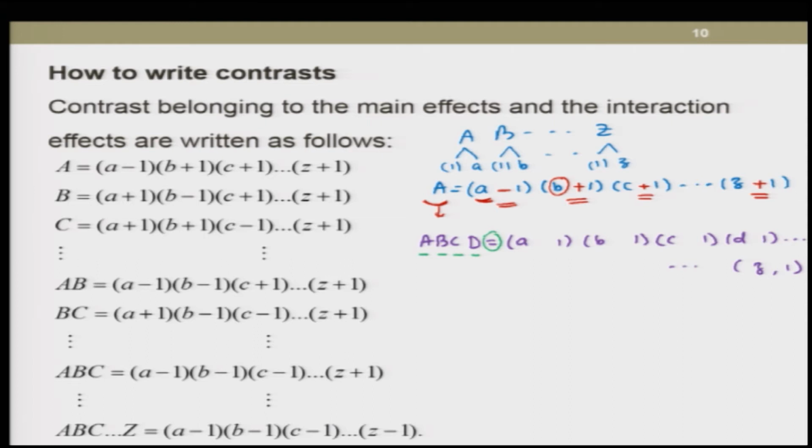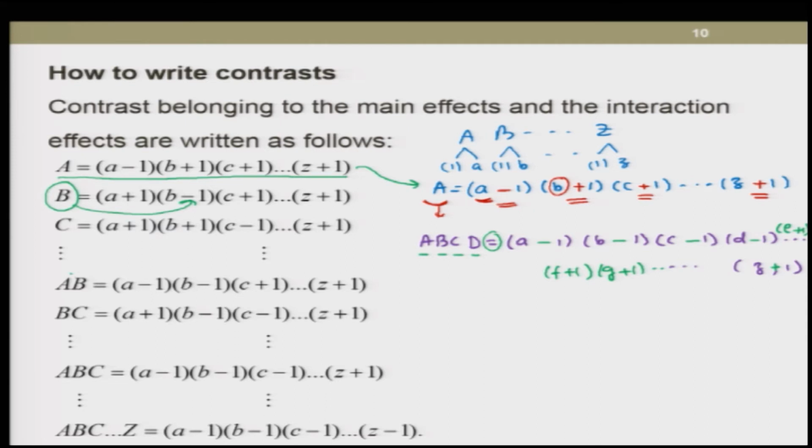So, I have to use minus sign with A, B, C and D, and after that E will be E plus 1, F plus 1, G plus 1 up to Z plus 1, and exactly this is what I have written here. For A, you can compare this expression and this expression. Similarly, for B, the corresponding negative sign will occur with B minus 1 and all other factors will have plus 1 sign.